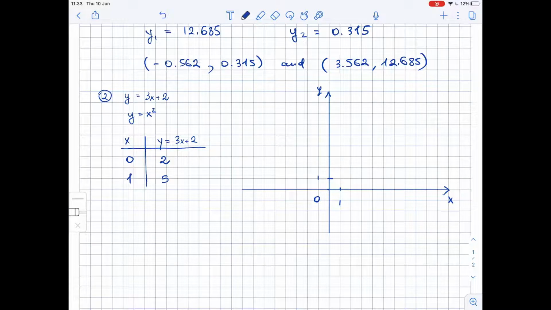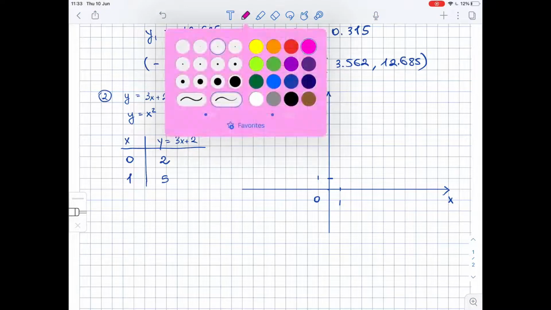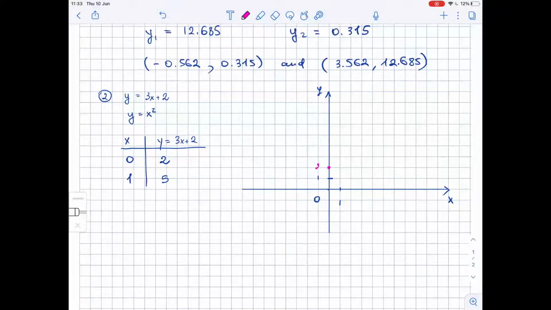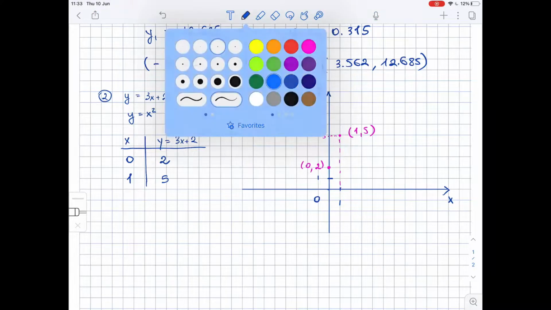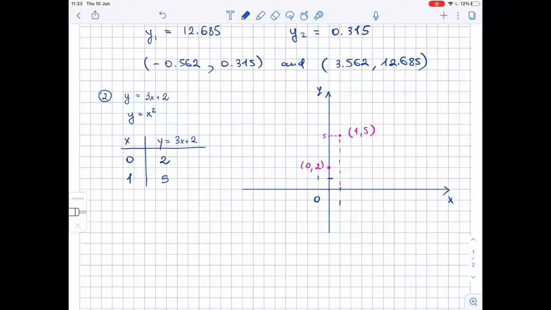So the first point, x is 0, that means that our point is on the y-axis, and y is 2, so our point is here, the point (0, 2). Another point has x coordinate equal to 1 and y coordinate equal to 5, so it's here, (1, 5).